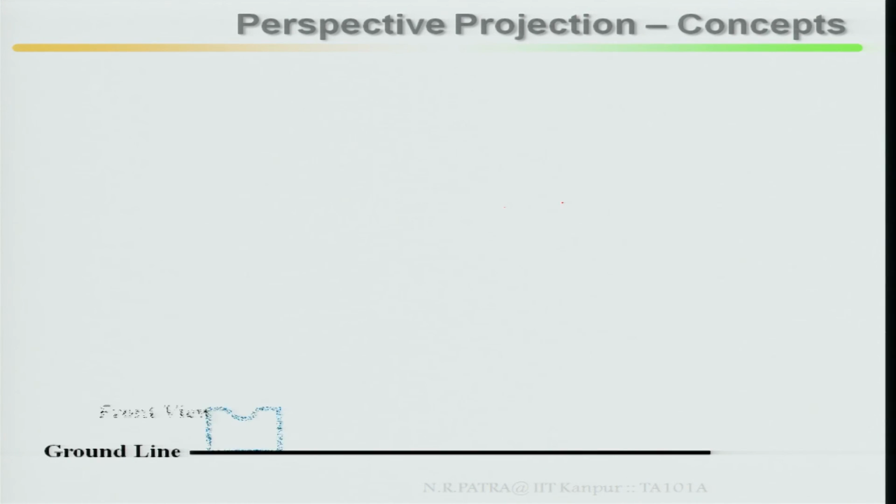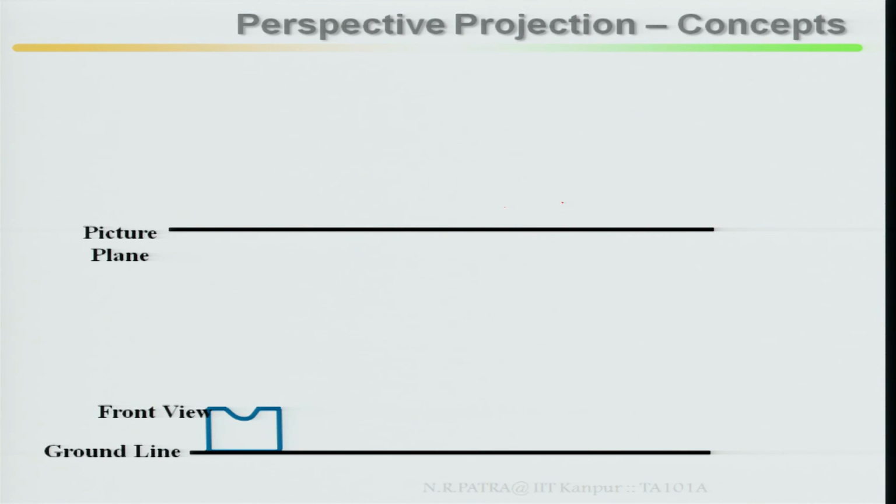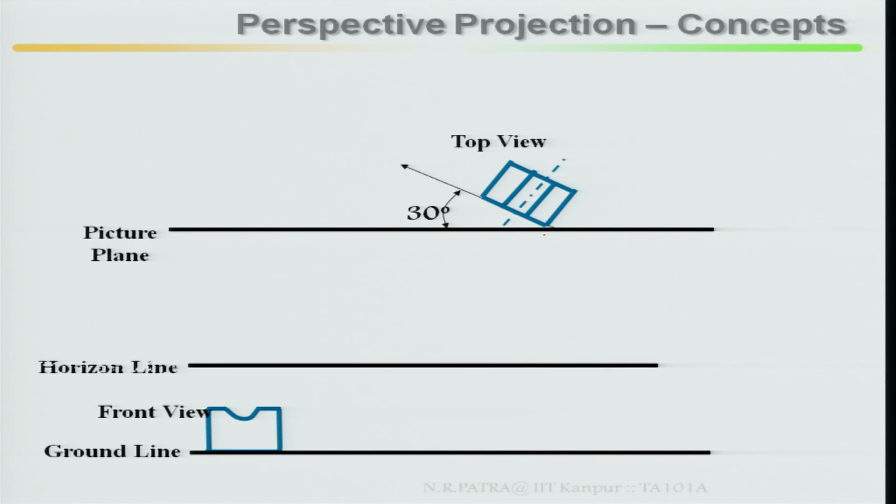First you draw the ground line, then along the ground line either the front view or side view you put it here, then draw the picture plane, then take the plan view with your 30° and put it and join, so that one of the edges is touching your picture plane. Then draw the horizon line, then locate your station point.